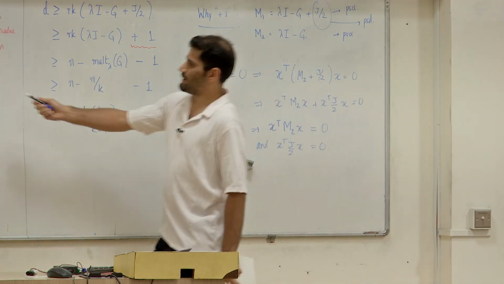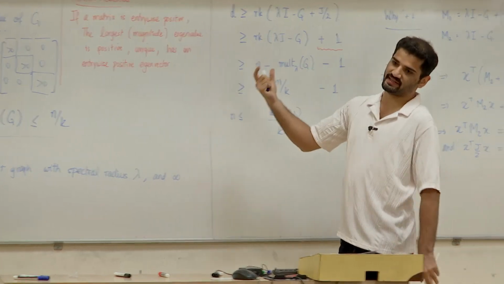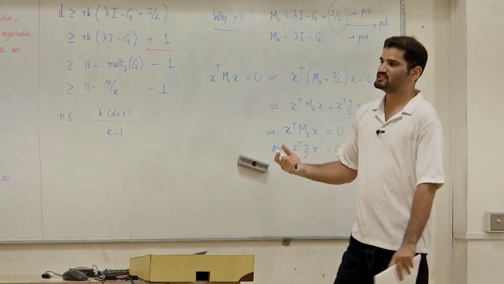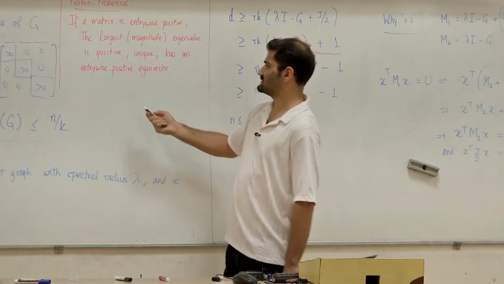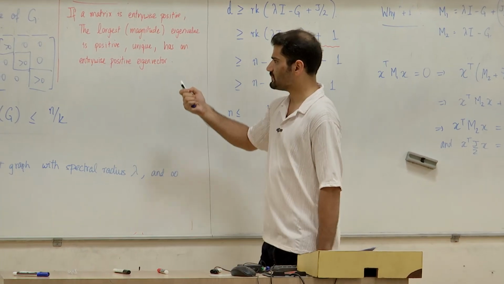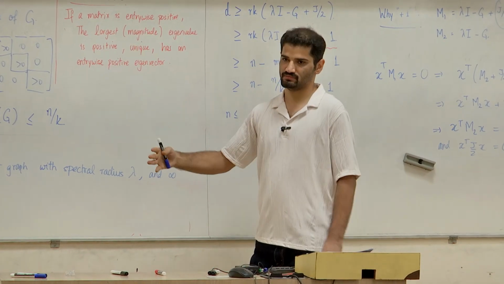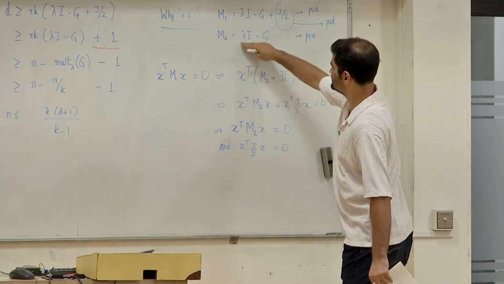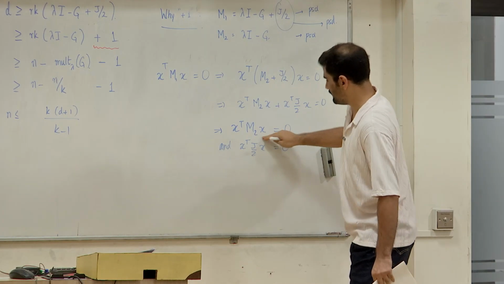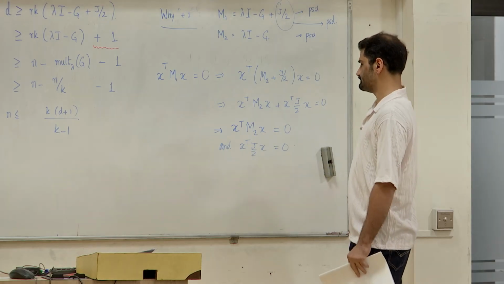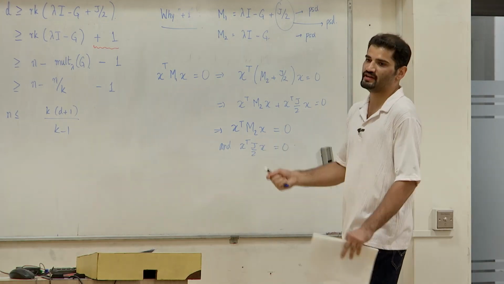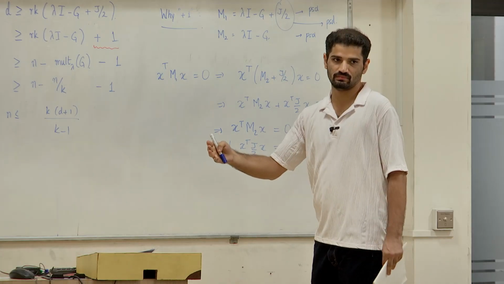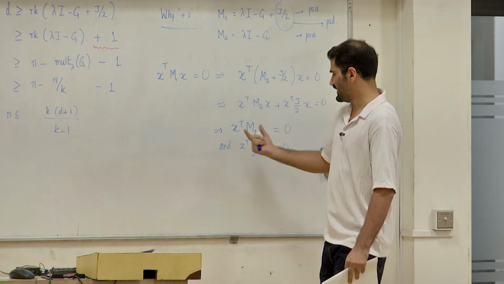Lambda is the largest eigenvalue of G, which tells me that its eigenvector is entry-wise positive. So M2 x is 0 for an x that is entry-wise positive, because x is here the eigenvector.